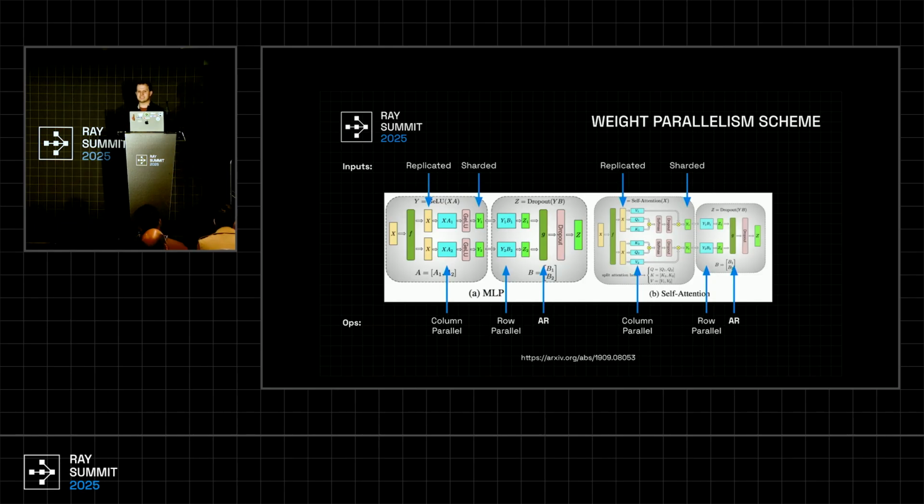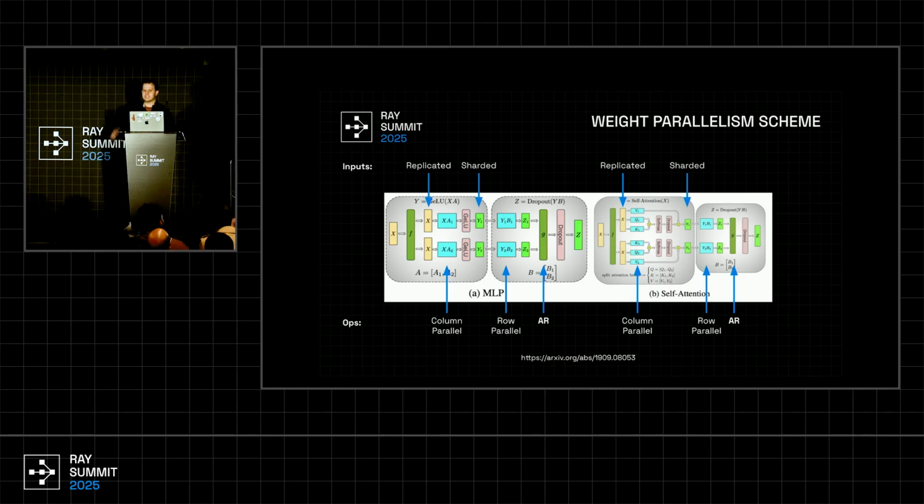And what we can see, this is from the Megatron paper, is that this is exactly the way that standard decoder-only models are laid out on GPU, where for the MLP layer, we'll have the first matrix laid out in a column parallel way. Replicated inputs give you sharded outputs times a row parallel matrix, all reduce, synchronizes all of the GPUs.